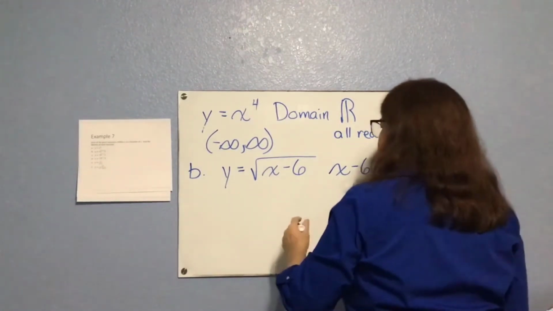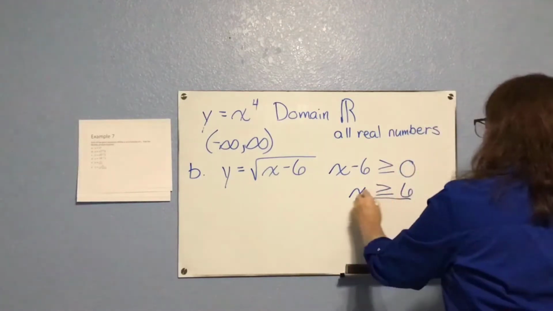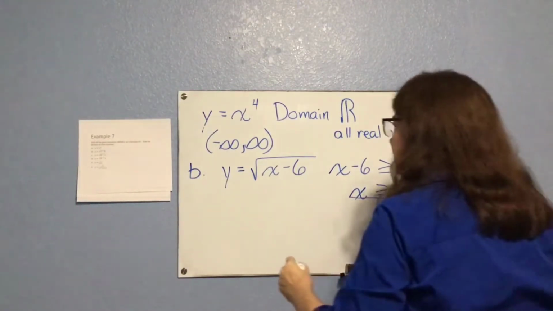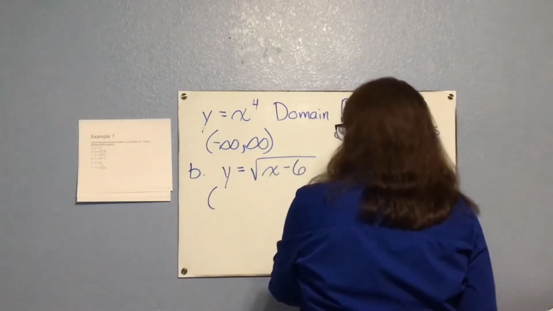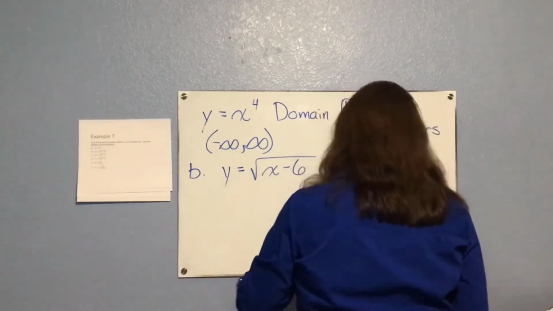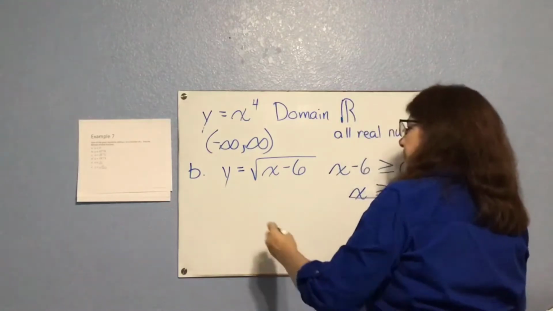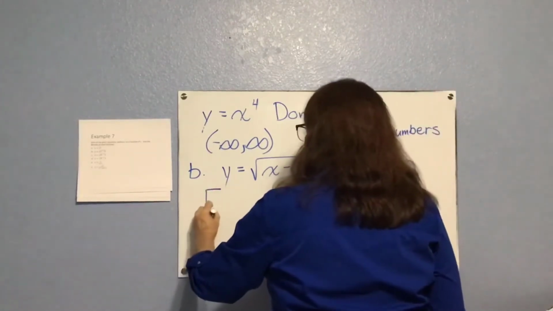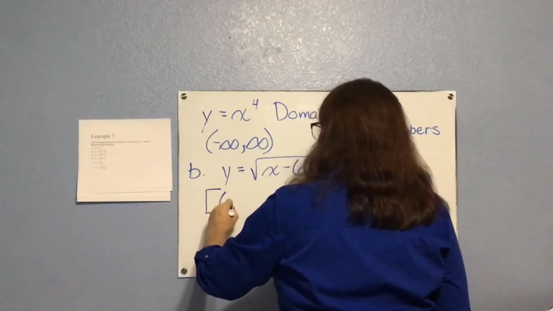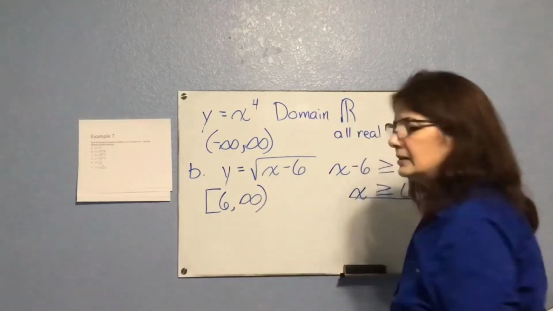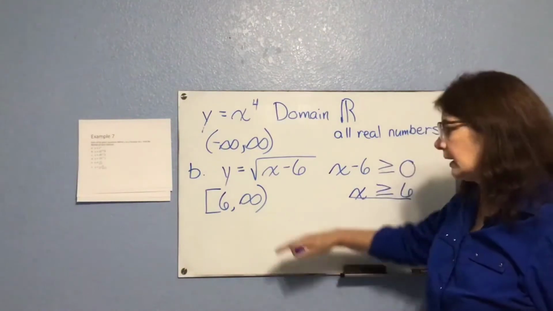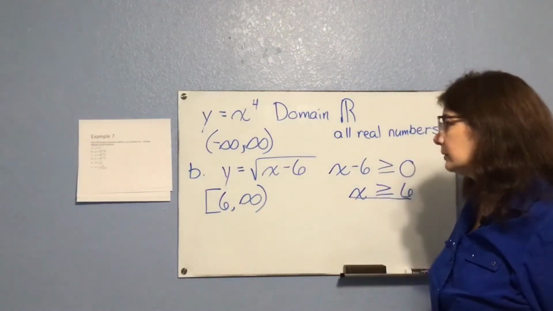So for this, I could write just this much for the domain, or again in interval notation, we could start with 6. And since 6 is allowed to be part of the domain, we use a square bracket, so 6 to infinity. Always use parentheses with infinity. And this is the domain for that function.